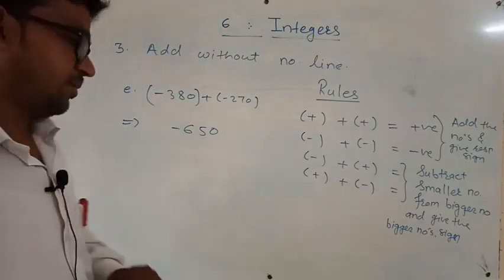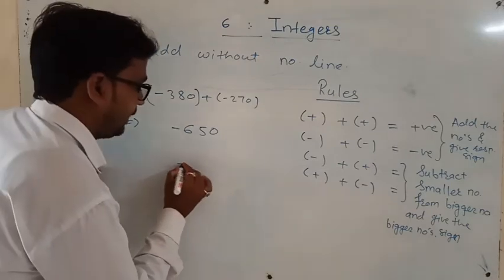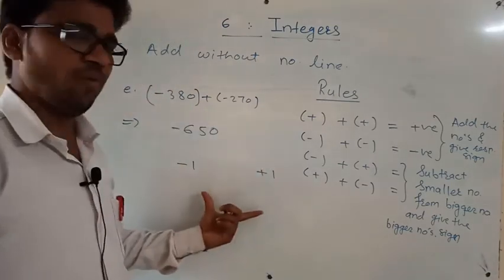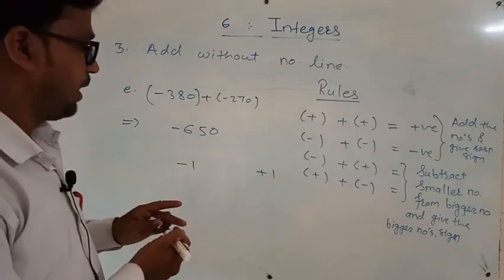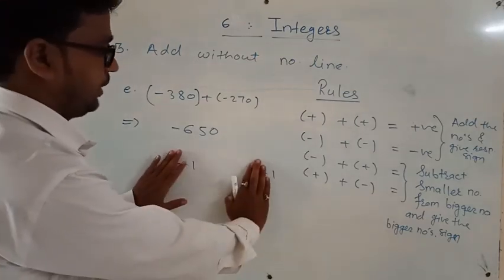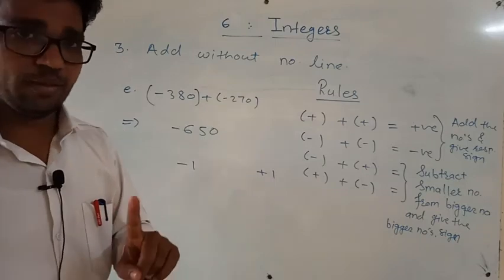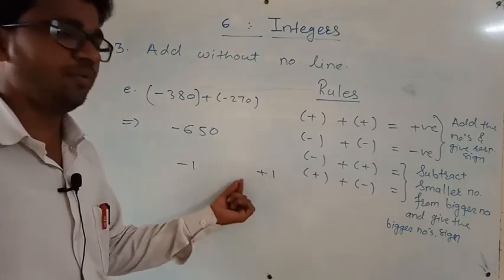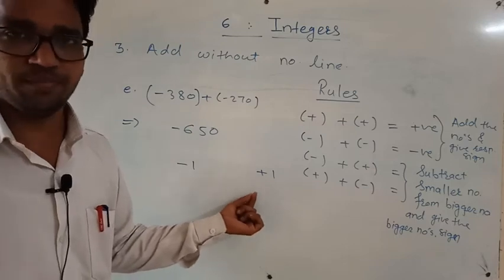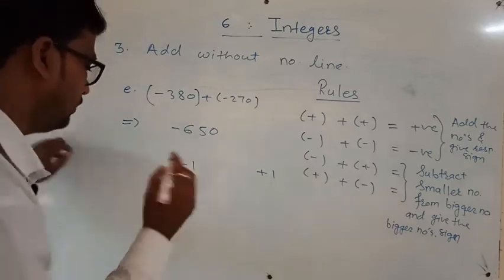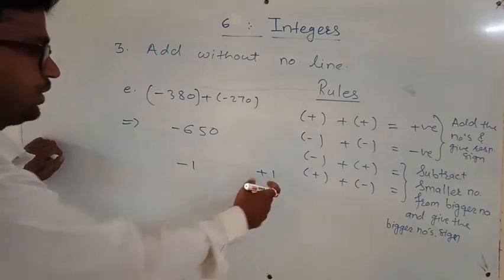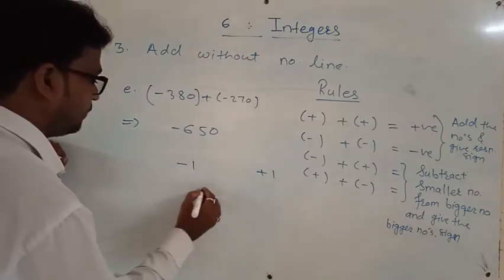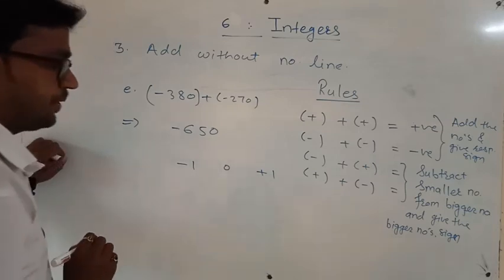What is the difference? I will explain to you. If negative 1 is there and positive 1 is there, see, it is 1. If we hide the sign, then the number is 1. But there are lots of numbers in between negative 1 and positive 1. How? 0 is there in between.